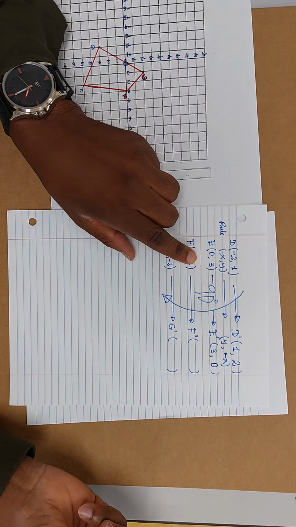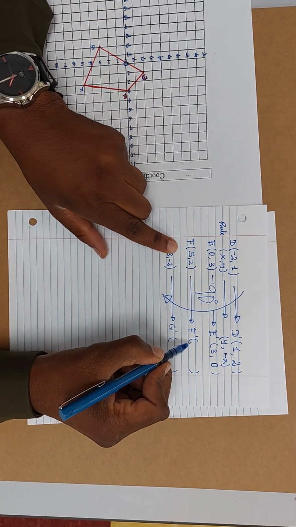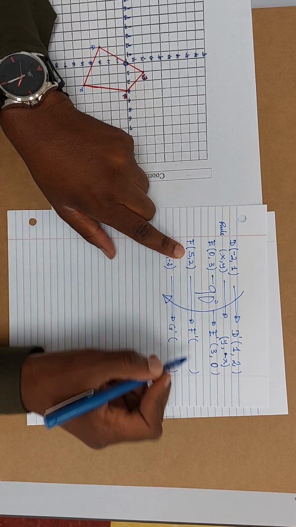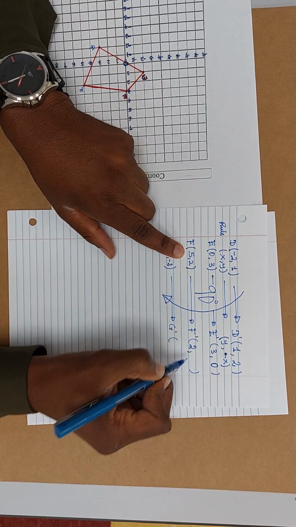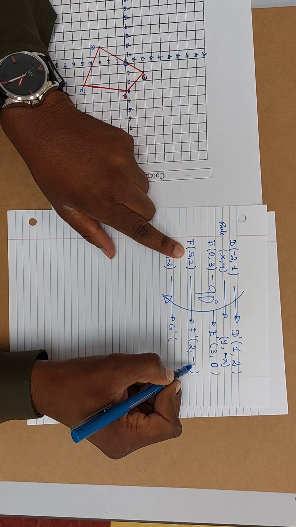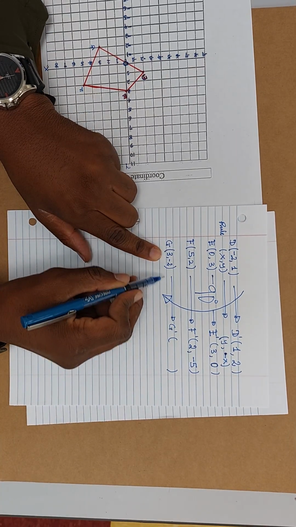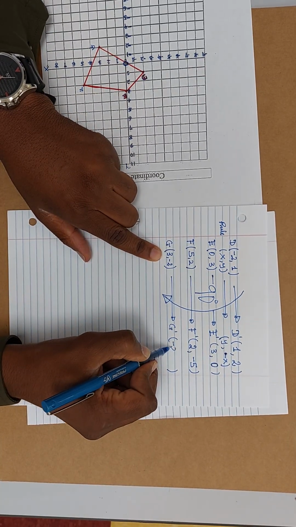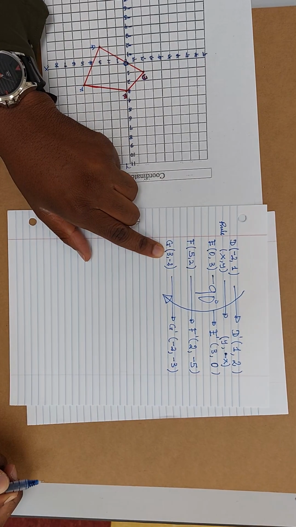Okay, so it will be 3, 0. F prime will be, we have 5, 2 that will switch, but this 2 comes up, the y goes without changing sign, but the 5 goes to the back and changes sign to a negative. Okay, so these 2 will switch, the negative 2 will come up top, and the 3 will go to the back, but it will change the sign to a negative.